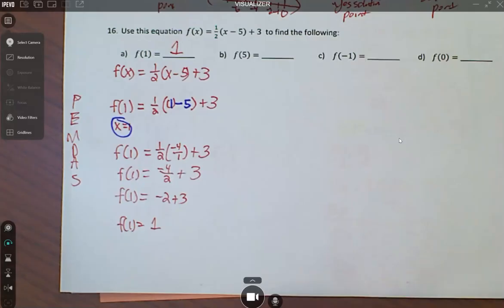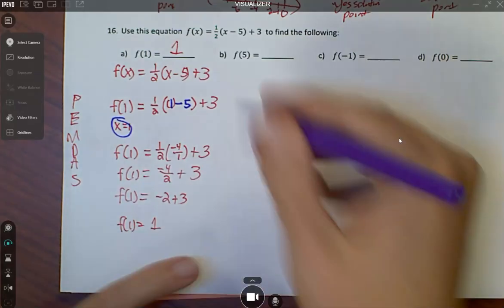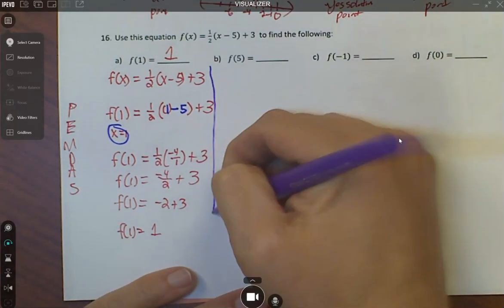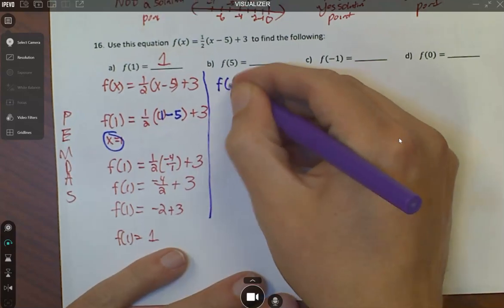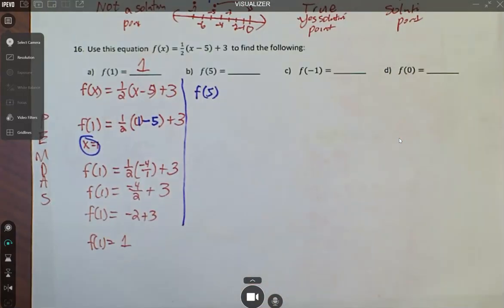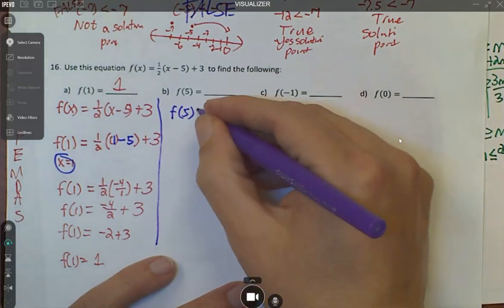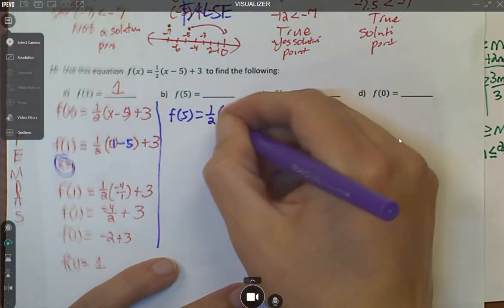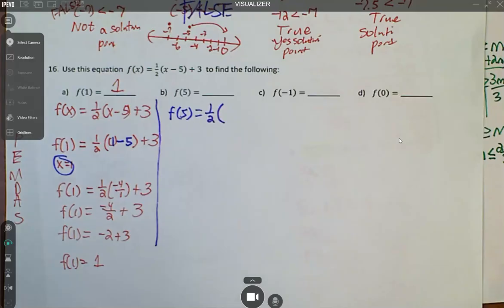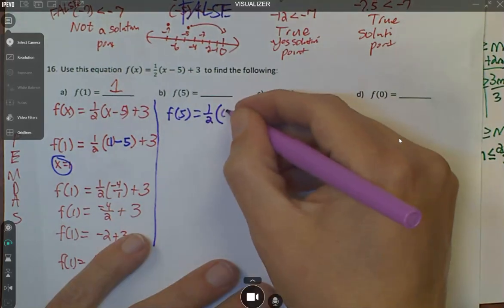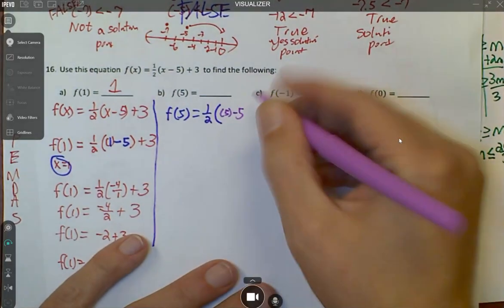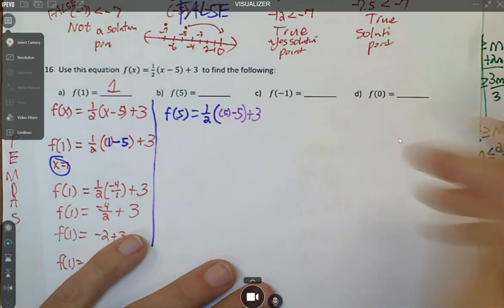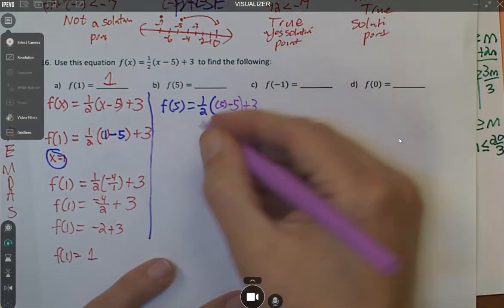Okay, f of 5. Same problem. Okay, I'm switching colors because I get bored with the same old colors. Alright, this time we're putting 5 in for x. Yay, 0. 0 is the greatest number ever in these kind of problems.